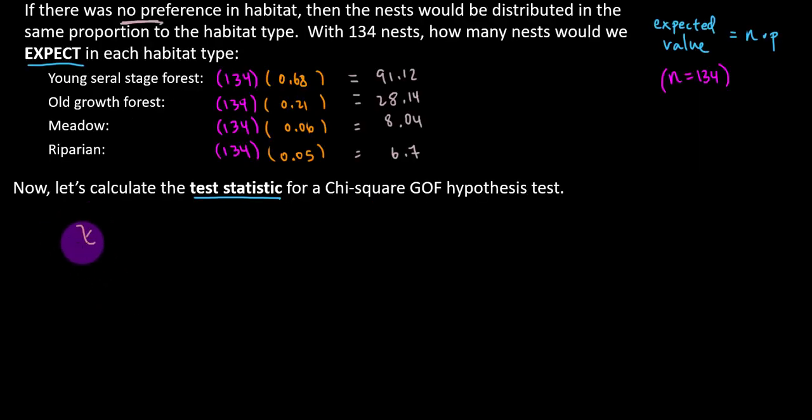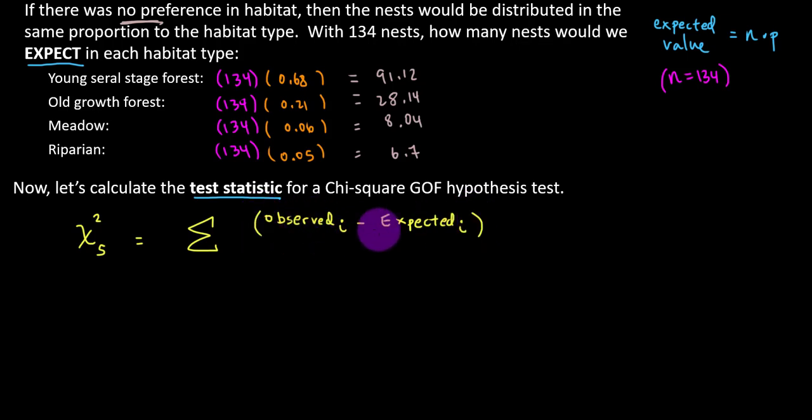The test statistic for a chi-square goodness of fit test. So I have the chi-square symbol written, with an S, because this is a test statistic from sample data. And it is the sum of the observed values from the data set for each category minus the expected value for each category, which we just computed.